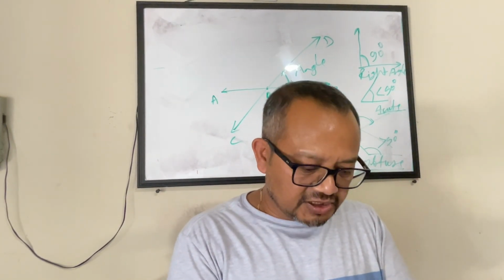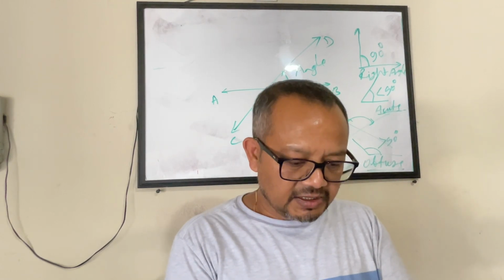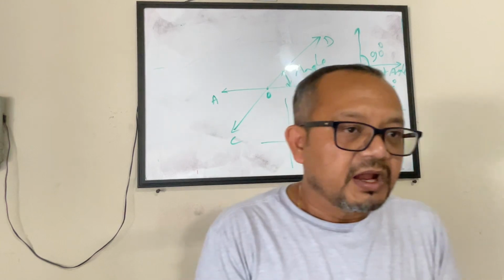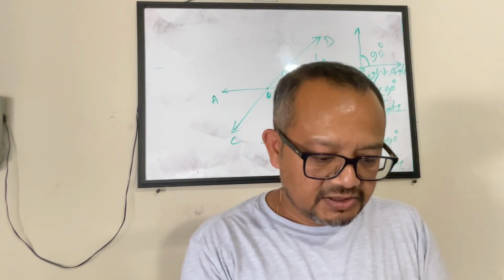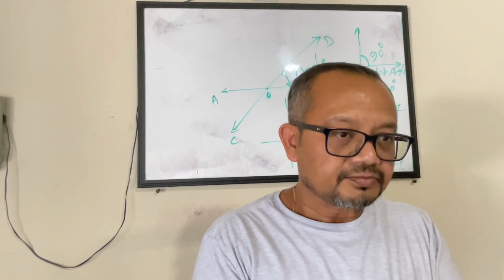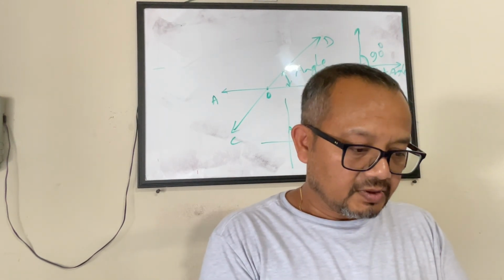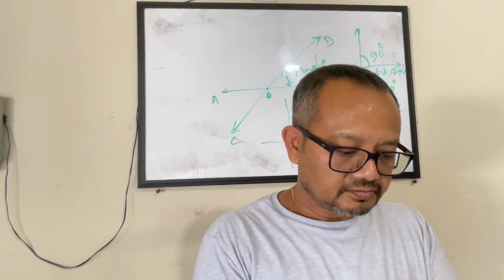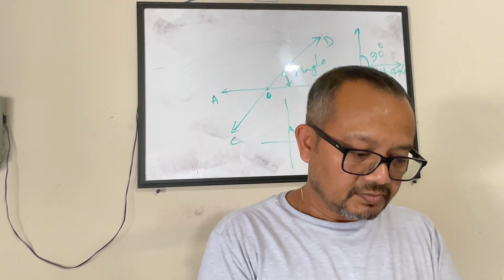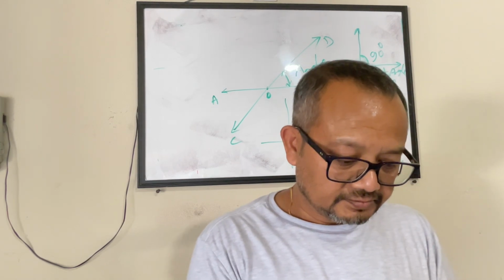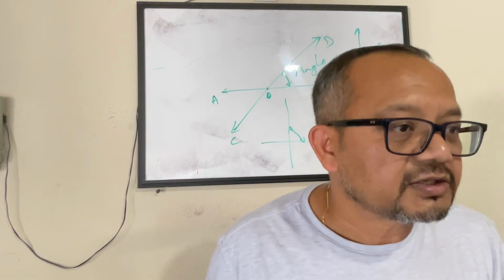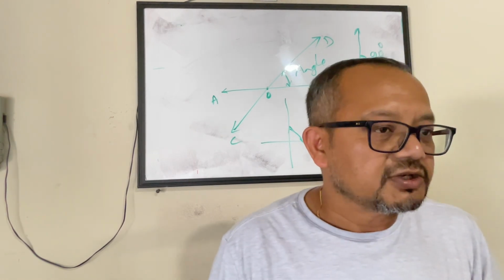I don't see Goshika. I don't see Pranav. I don't see Gitesh. Let me remind them. Dikshita is here. Sarnika is also here.